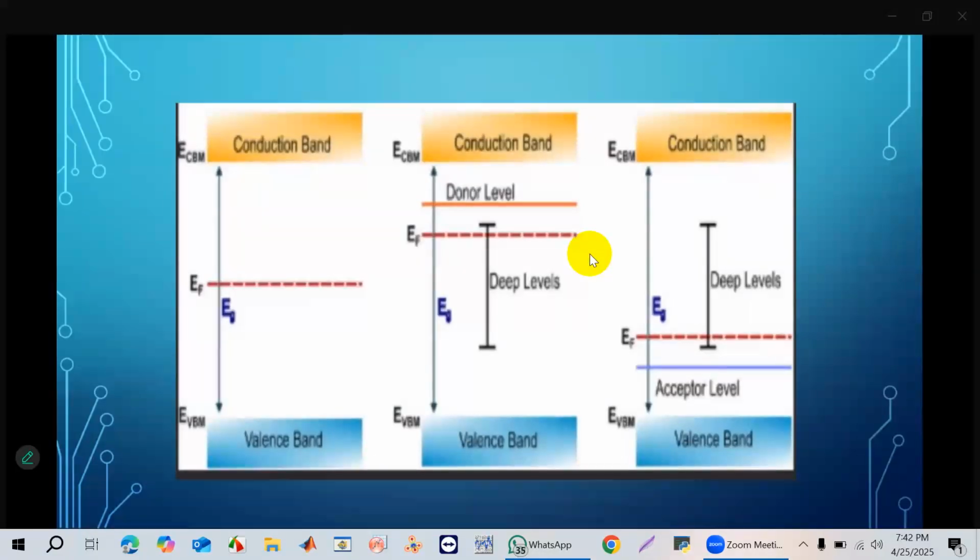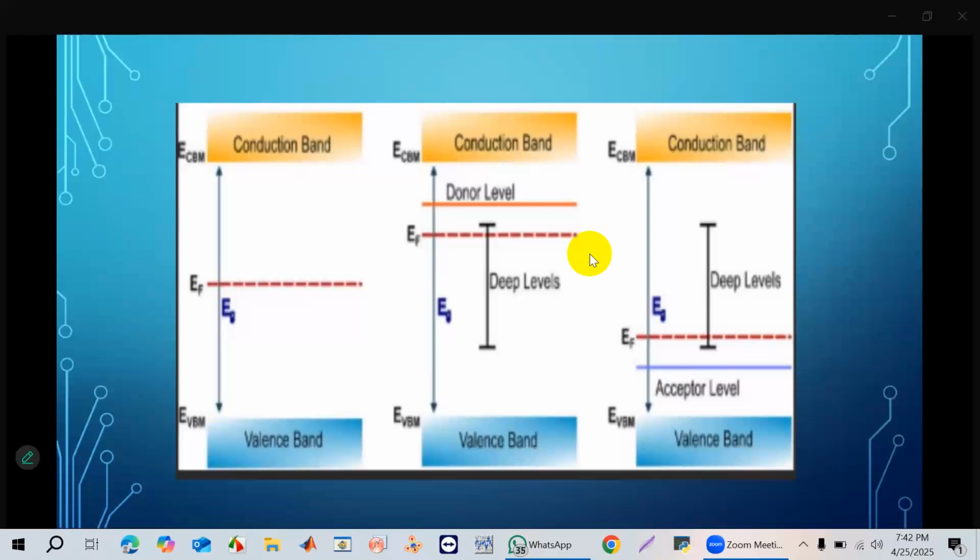However, in case of n-type material, the Fermi level goes close to the conduction band, because in n-type semiconductors there are a lot of free electrons, so they need only a little energy to go to the conduction band. As a result, the donor level is very close to the conduction band.